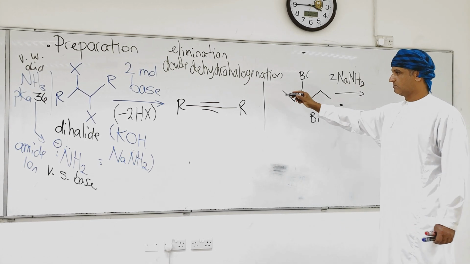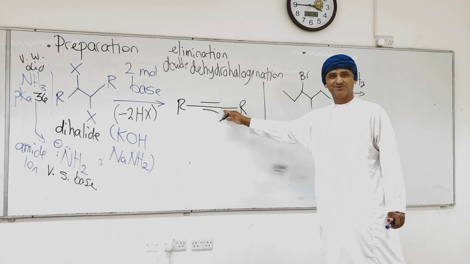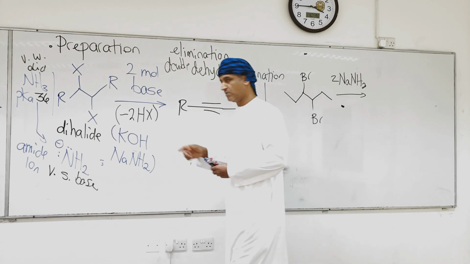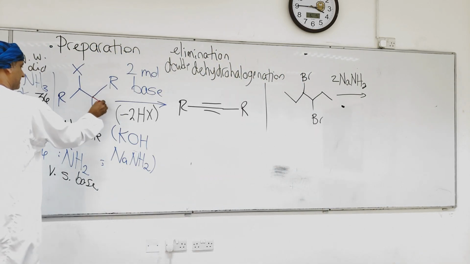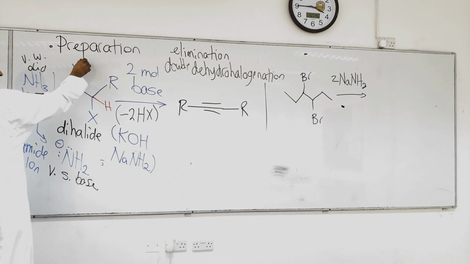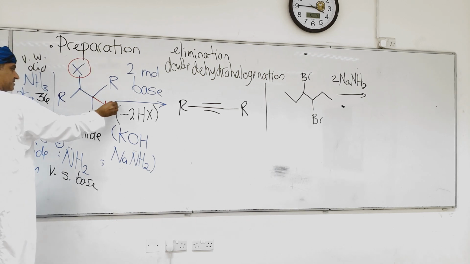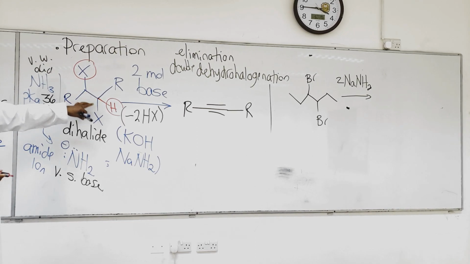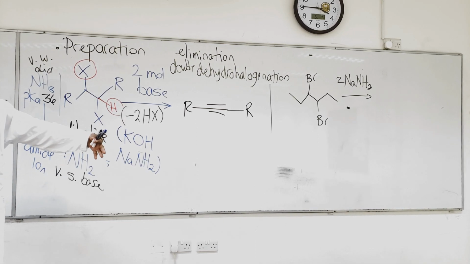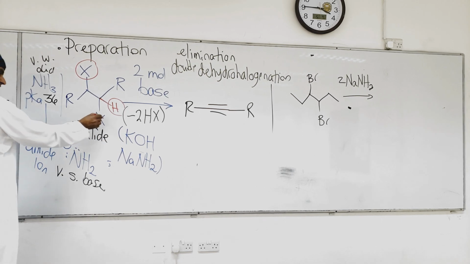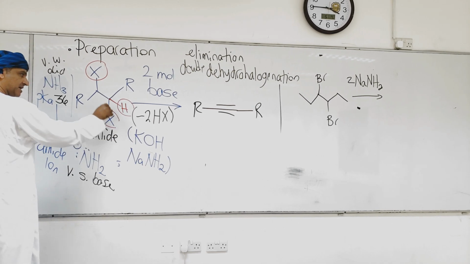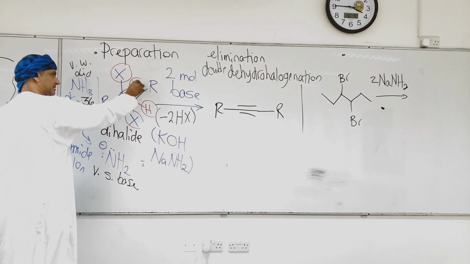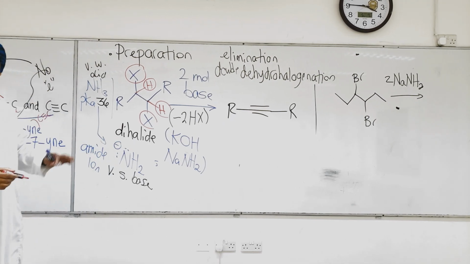Remember, the carbon-carbon triple bond is always between the two carbons that have the two halogens which are lost. And if you remember also from before, this carbon has hydrogen, so the initial loss of the first mole of HX will be loss of X from one carbon and H from an adjacent carbon, almost like that, yeah? And the other mole of HX will be X from the other carbon and H from the adjacent carbon, like that, yeah? Okay, so loss of two moles of HX.